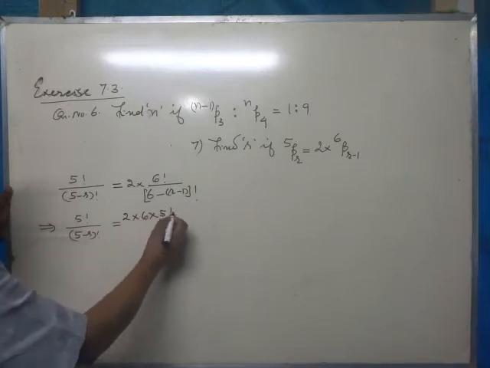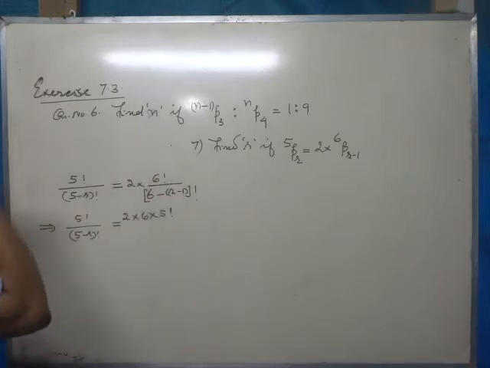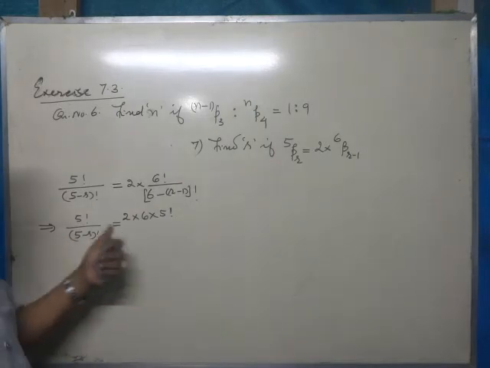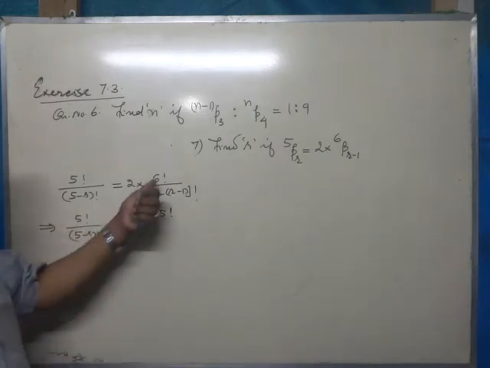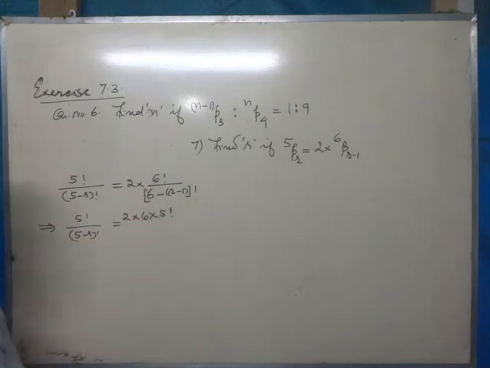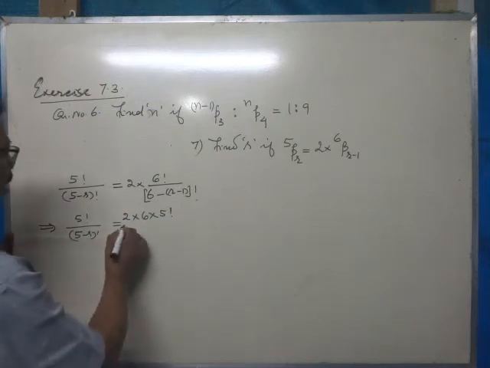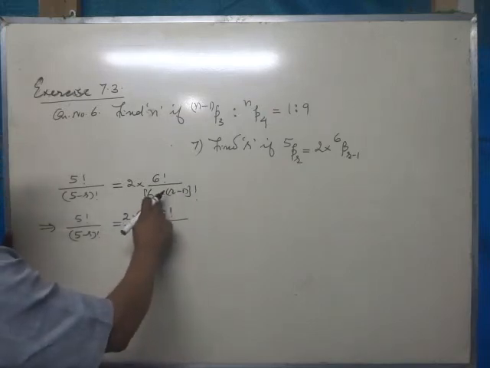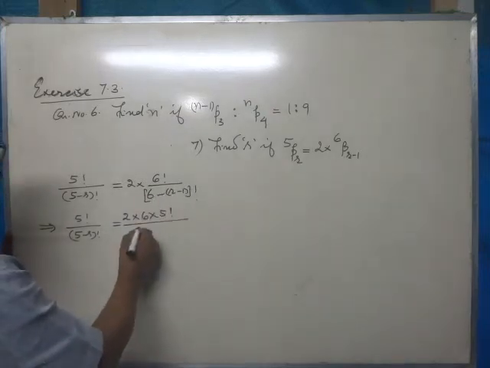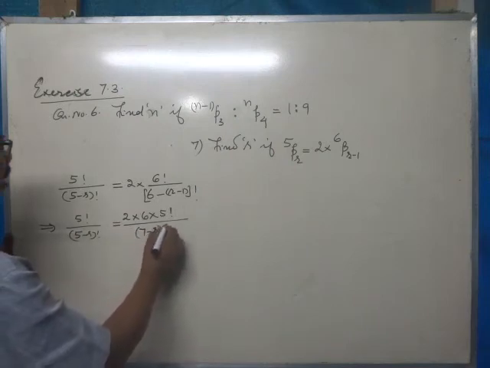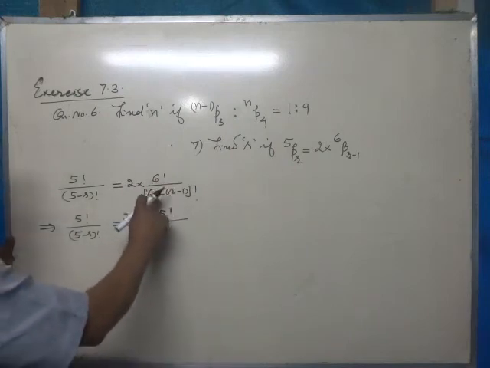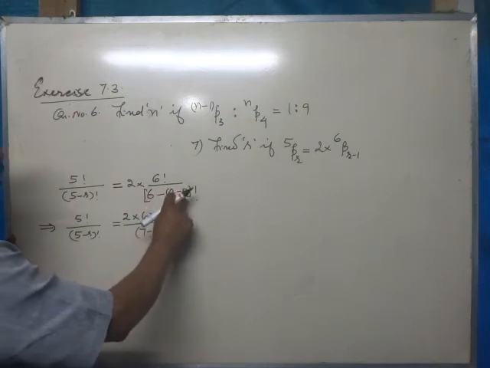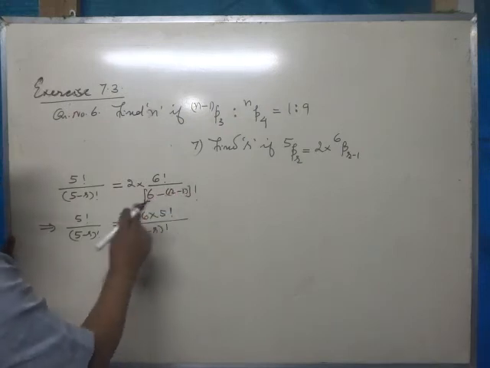Why is this put as 6 into 5 factorial? We have 5 factorial on the left. If 6 factorial is written as 6 into 5 factorial, we can easily cancel the terms on the left and the right. Divided by (6−(r−1)), that is 6 plus 1, 7 minus r factorial.